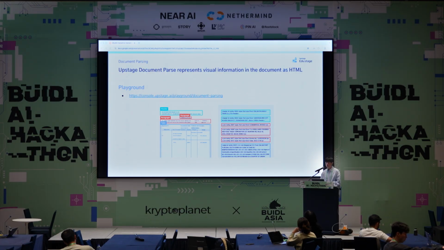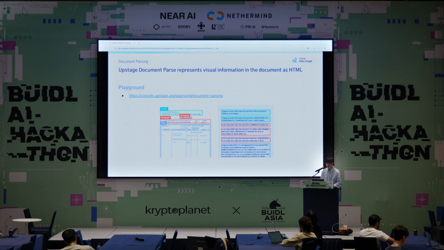Upstage Document Parse is a product that takes PDFs or images as input and converts them into semi-structured data in the form of HTML. By converting documents into HTML in this way, not only the original text, but also document elements like tables, charts, and figures can be preserved.